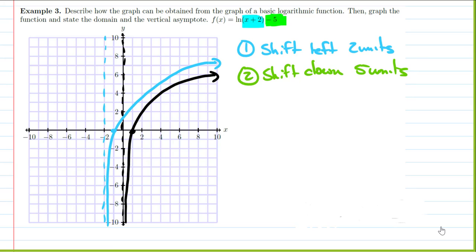We get something that looks like this. And then we shift down 5, 1, 2, 3, 4, 5. And we get something that looks like this. So our domain, once again, is going to start at our vertical asymptote, which is -2, and go all the way out to positive infinity.